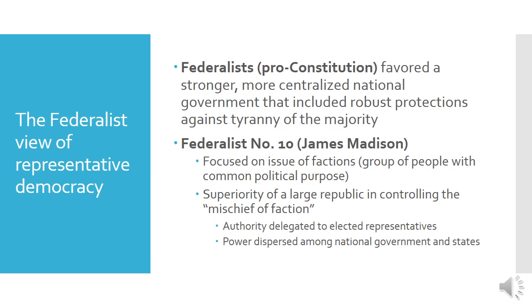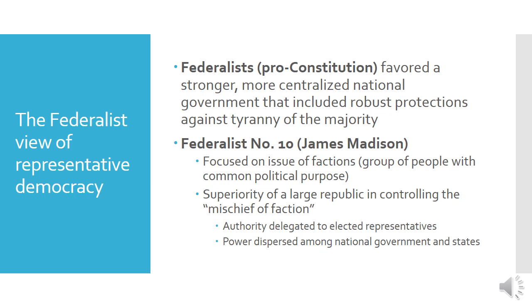So they favored a much stronger, more centralized national government that would include robust protections against the tyranny of the majority. People like James Madison, other Federalists, were very, very fearful, concerned about putting too much power in the hands of the majority directly, that would lead to tyranny, that would lead to the trampling of other people's rights.